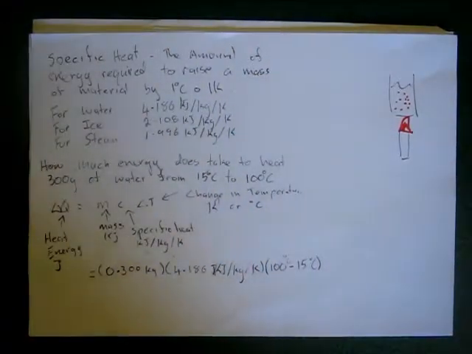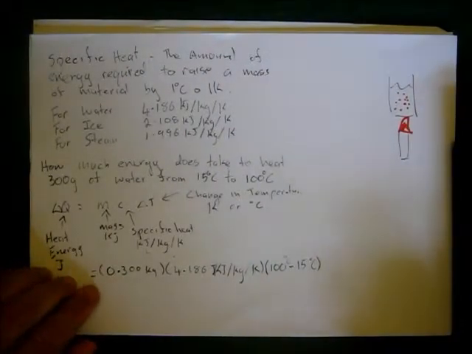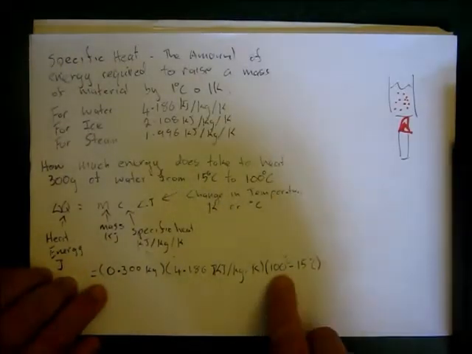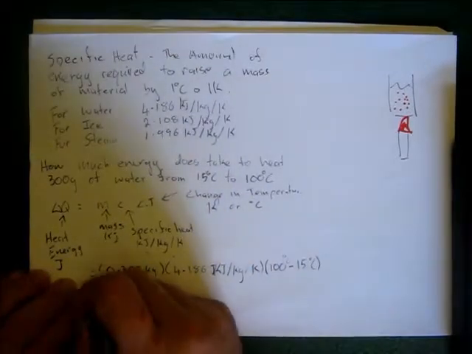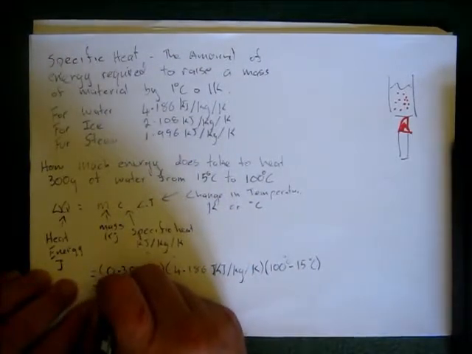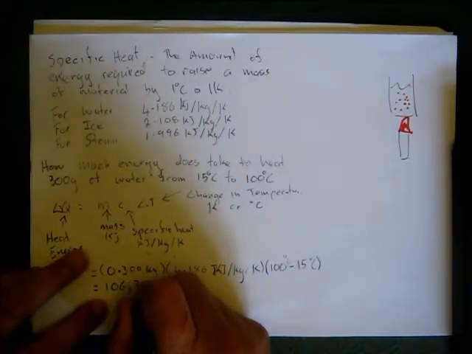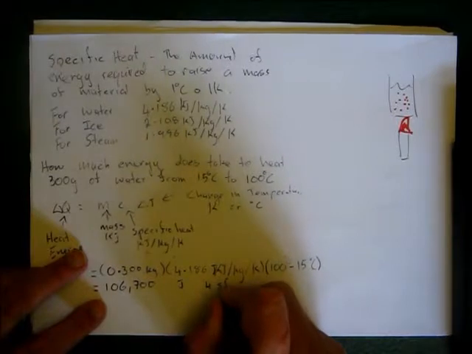And so to find this out, we stick this in our calculator and we go 0.3 times 4,186 times 85, because 100 minus 15 is 85, equals 106,700 joules, to 4 significant figures.